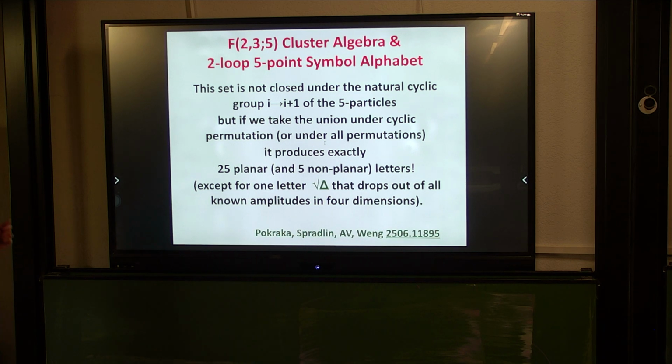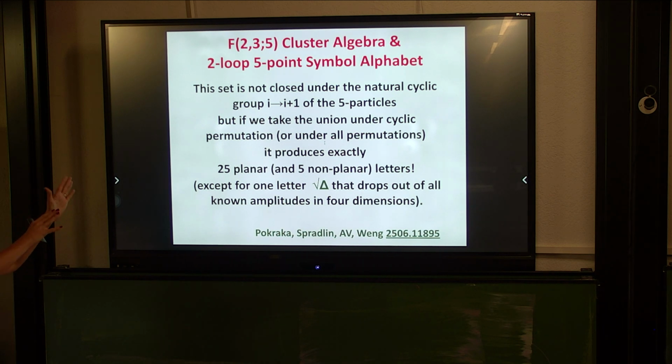It turns out that the set that you get, the 22, is not closed under the natural cyclic group. So we need to take a union under the cyclic permutations. Because you could say for the cluster algebra I got only 22, right? But I had 25 plus 5 variables on the physics side, right? So the counting. Yeah.